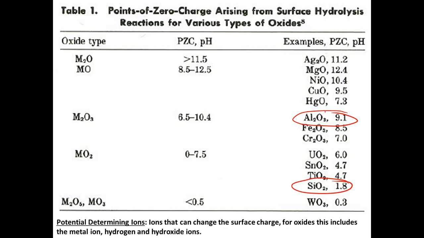Something, a mineral intermediate in its basicity, something like cassiterite, will have a PZC of 4.7, which gives rise to this concept of potential determining ions. These are ions that can change the surface charge for oxides. This includes the metal ion, the hydroxide ion, and hydrogen ions.